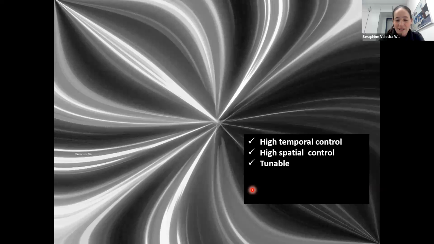The other big advantage is, of course, the high spatial control that you get. You can focus a beam of light very precisely. That's exactly what your screen is currently doing. In each pixel, you have a defined light intensity, a defined gray value, and you can project any pattern that you would like on the screen.